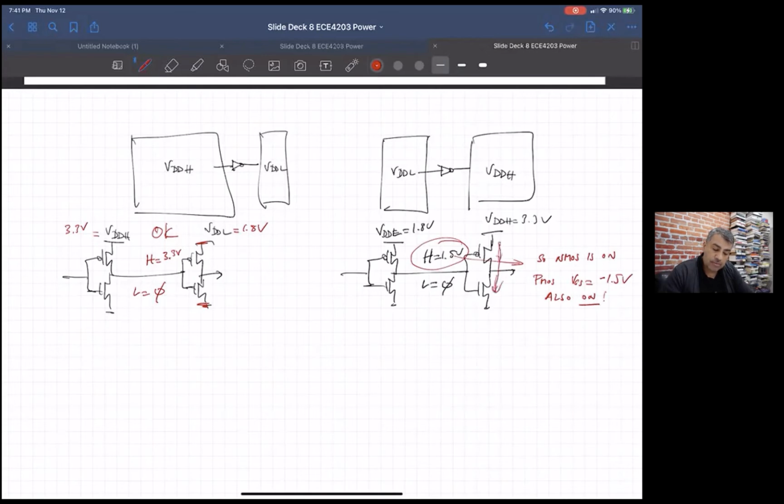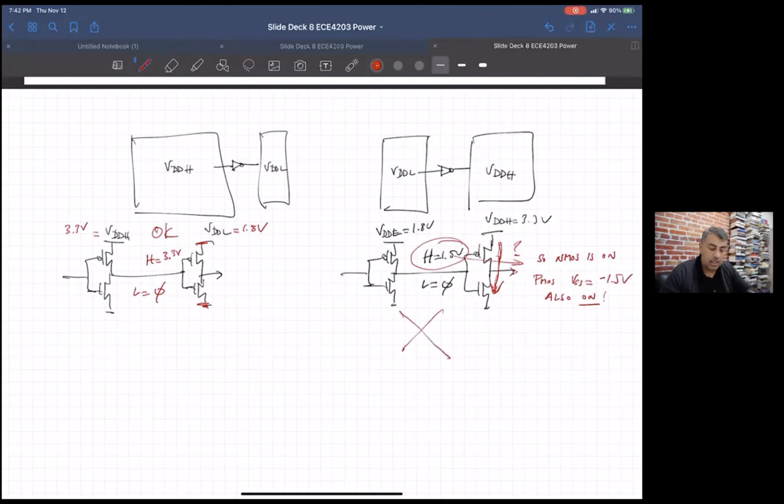Instead of one of them being on and driving that capacitive node, now you've got sort of a voltage divider here, and you don't know what the voltage is here. And you're just getting tons of current going from VDD high to ground. So this is a bad idea.